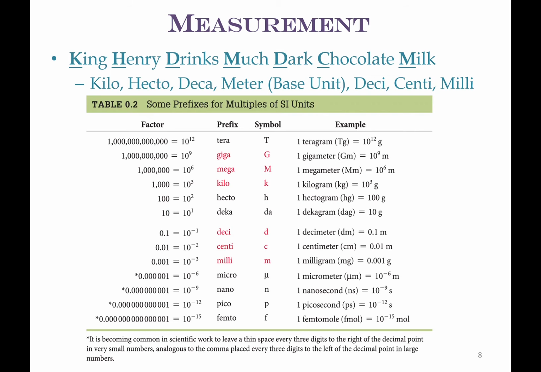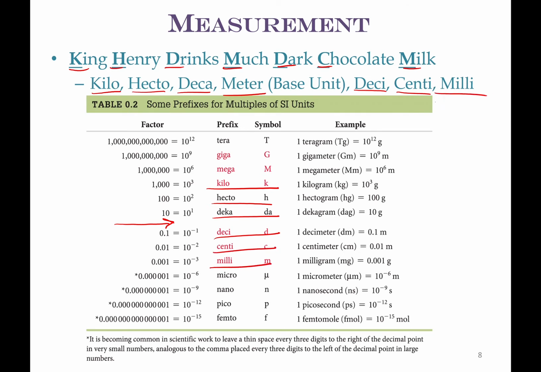One of the mnemonics is King Henry drinks much dark chocolate milk. So King Henry drinks much dark chocolate milk stands for kilo, which is here, hecto, which is here, deca, here, meter, which is the base unit, which is actually right here and it's not listed, deci, centi, milli.